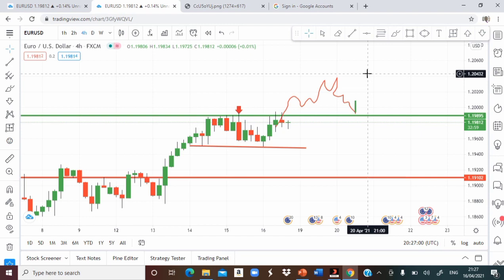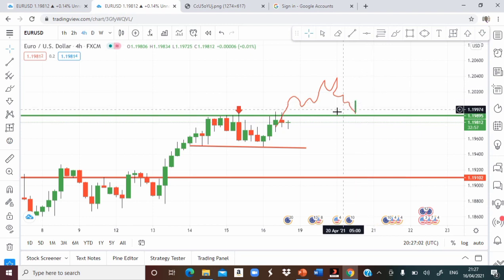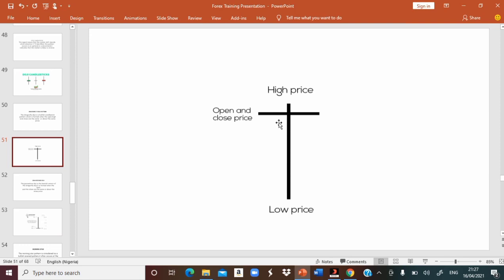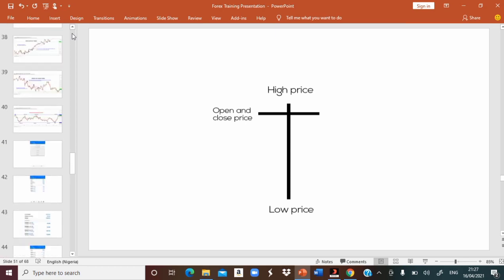Or price gives me an engulfing, or price gives me something like this again. If it gives me something like this, I am going to buy that market.